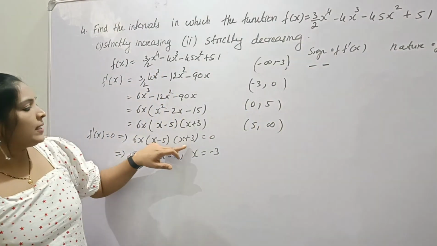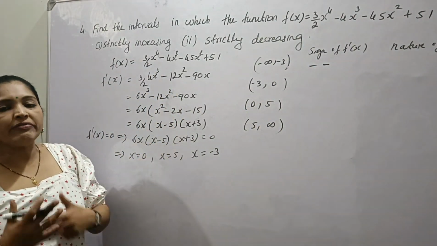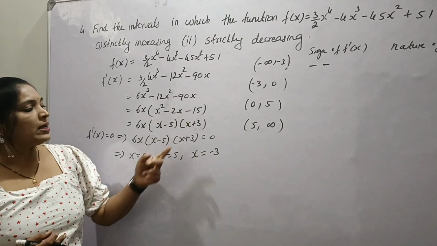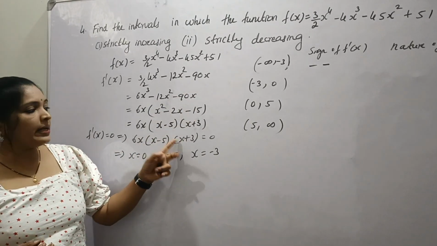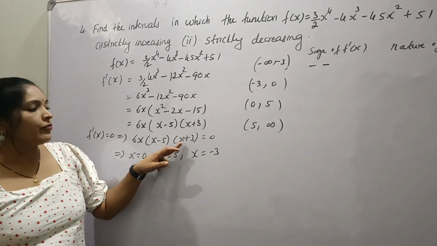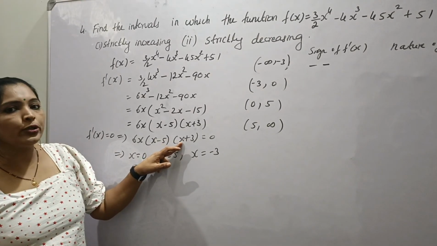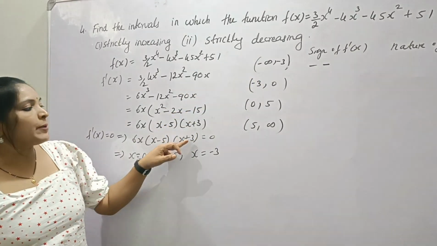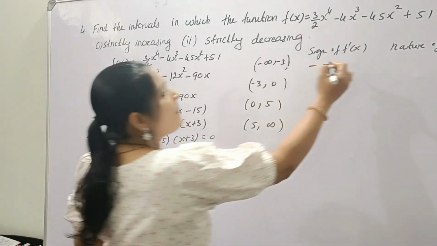Then for x plus 3, we substitute negative values of x less than minus 3. If x is minus 3, then it will be 0. Less than minus 3 means it will be less than 0, right? For example, put x is equal to minus 6. Minus 6 plus 3 is minus 3, so it will be minus.